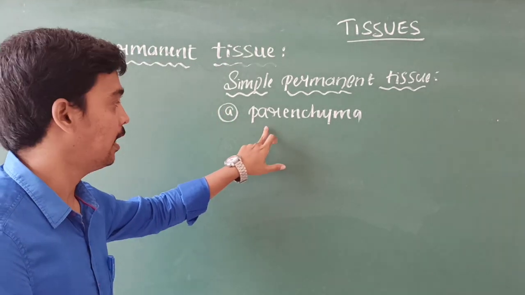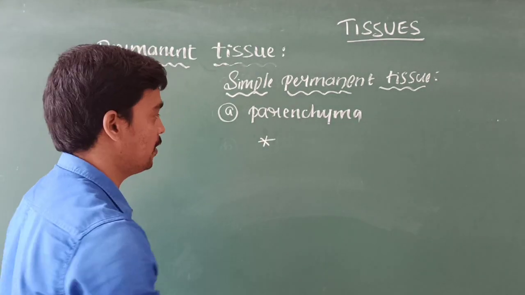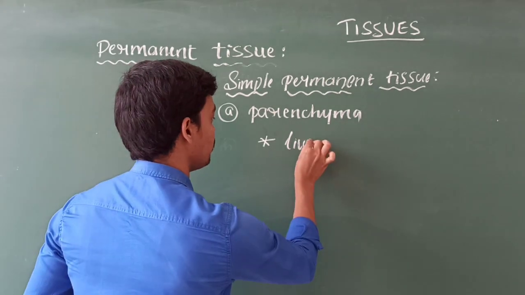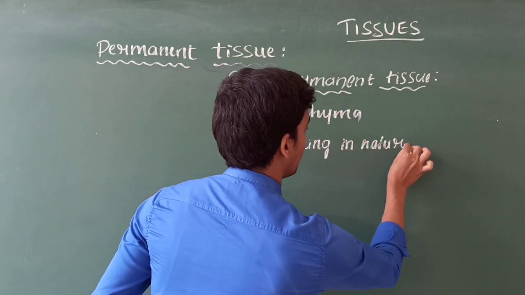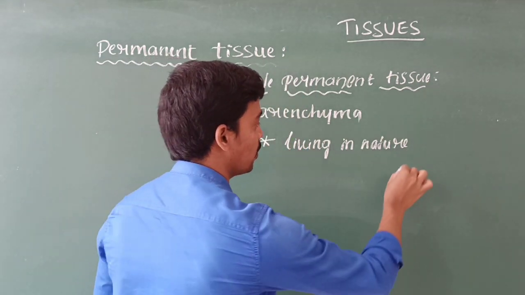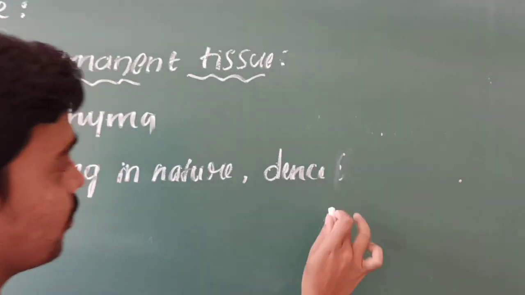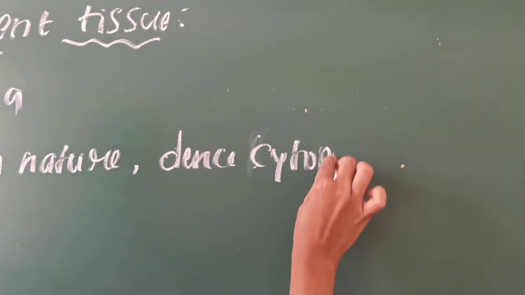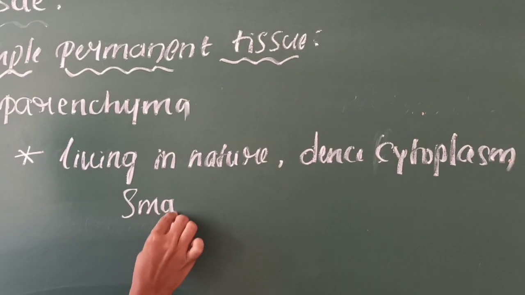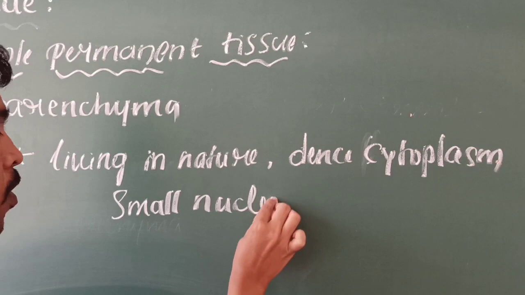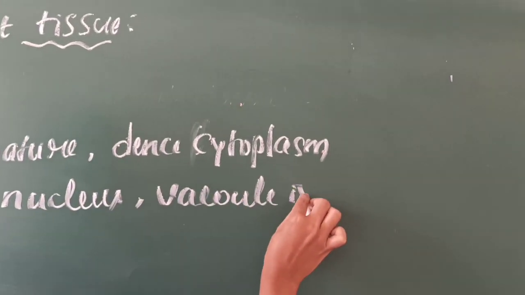Then what are the characteristics of parenchyma? First, this parenchyma tissue is living in nature, and the cells of parenchyma tissue have dense cytoplasm with a small nucleus, and the vacuole is large.